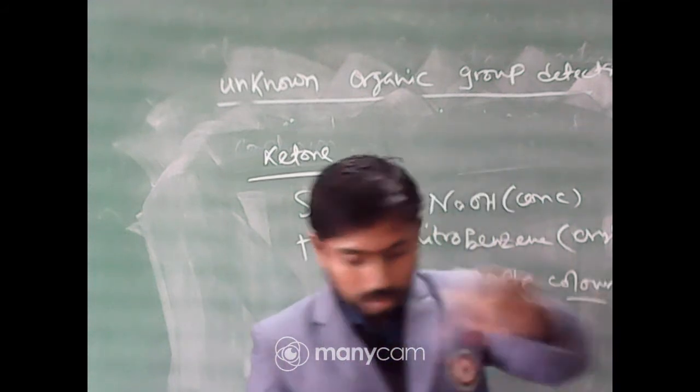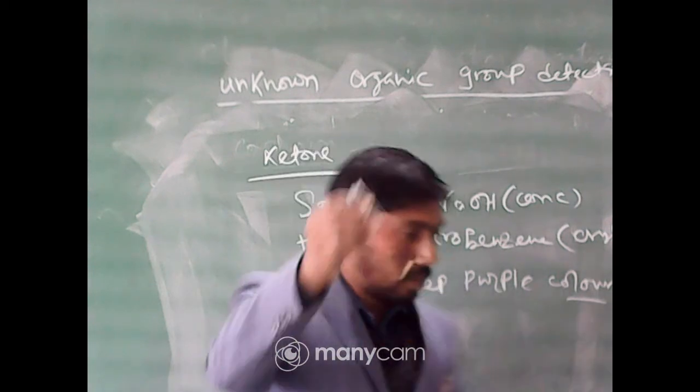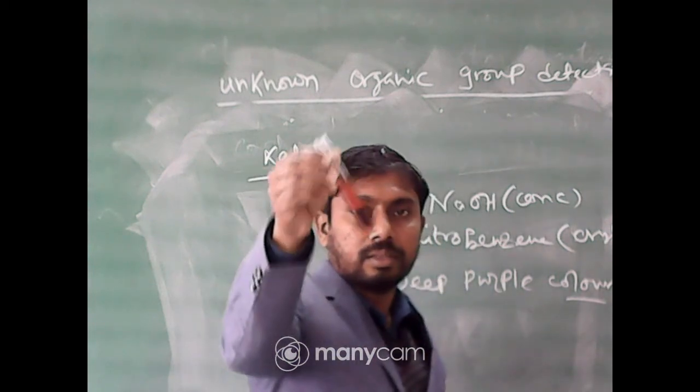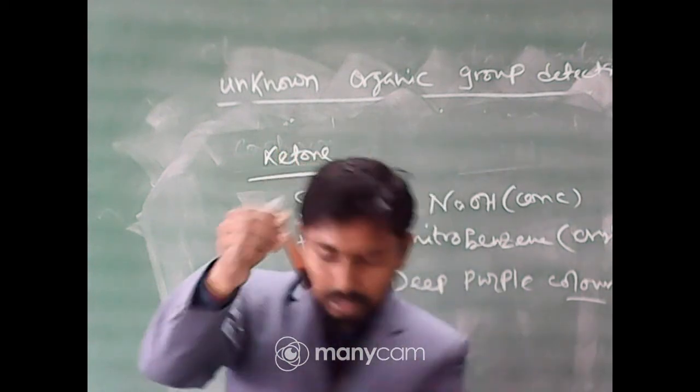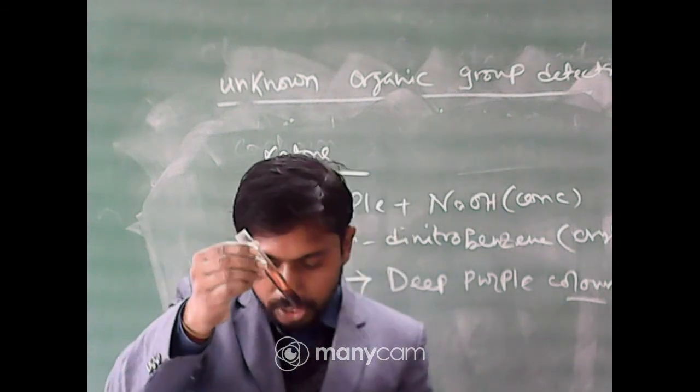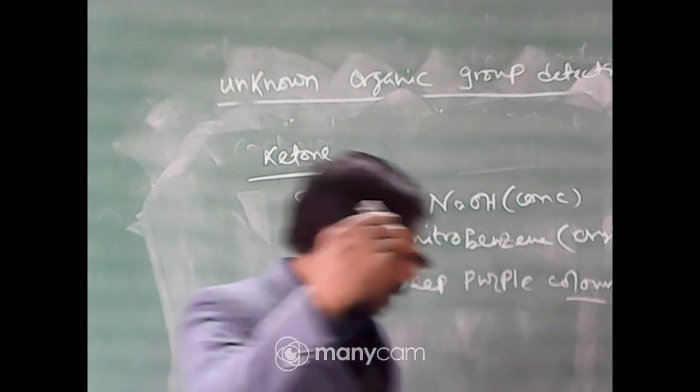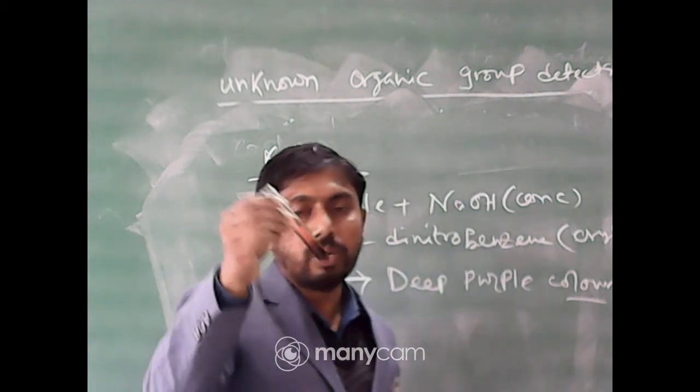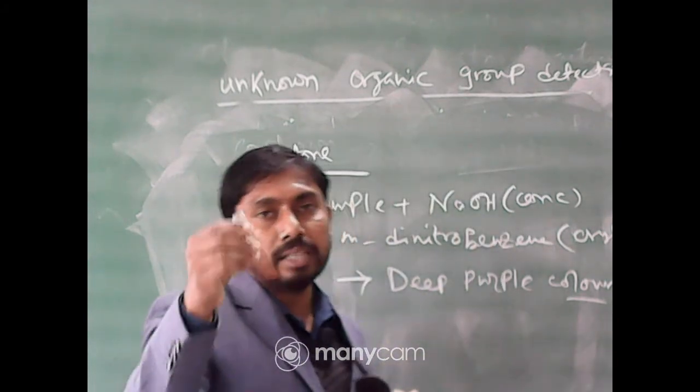Okay, so you can see that the red color appears. So, this red color indicates that it is the ketone. Okay, so any one test out of these two you will write if you get ketone as a sample.